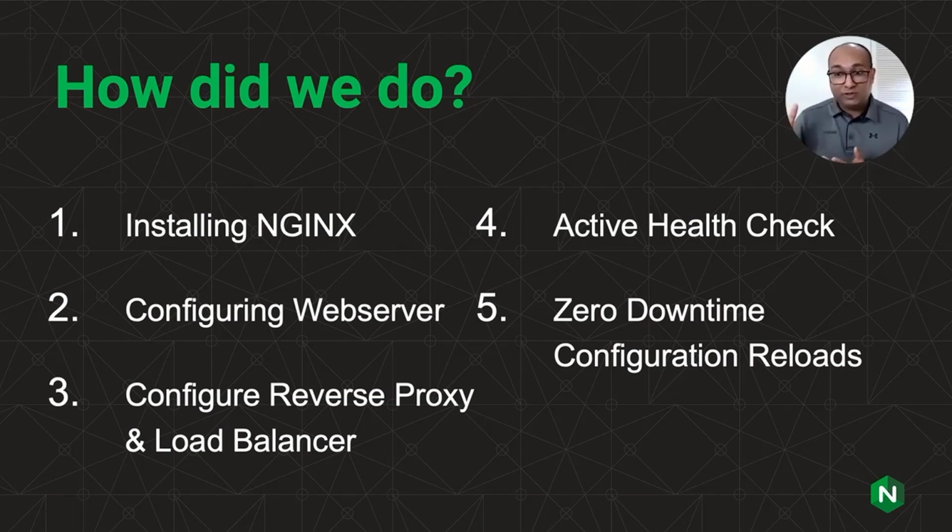We configured a web server, and we were serving two static files on port 8001 and 8002. We configured a reverse proxy and a load balancer, so we were proxying to port 8080 on the local instance, and also we included a service which is external to the specific VM we're working with. We looked at how active health checks work on NGINX Plus. We looked at the live activity monitoring dashboard, and we also looked at how zero downtime configuration reloads happen with NGINX.